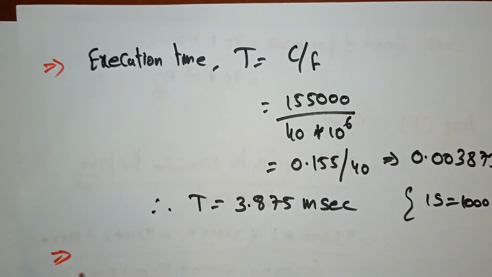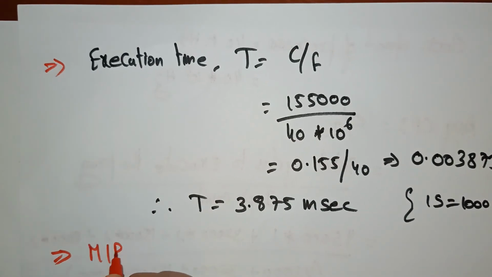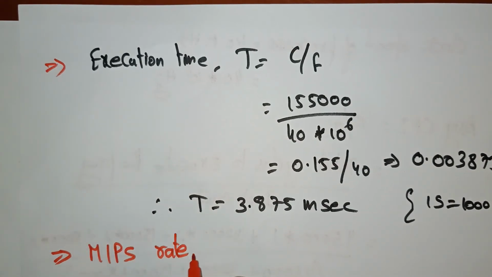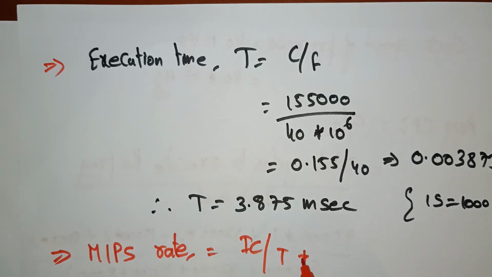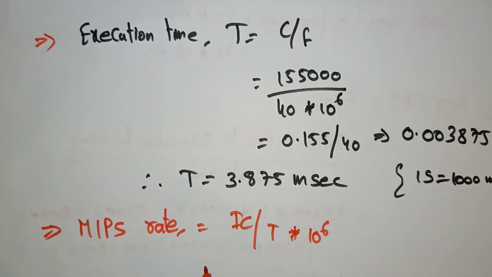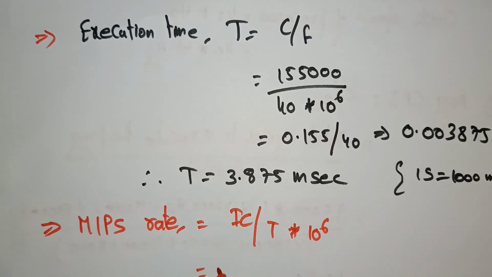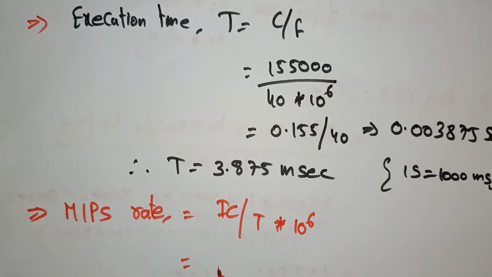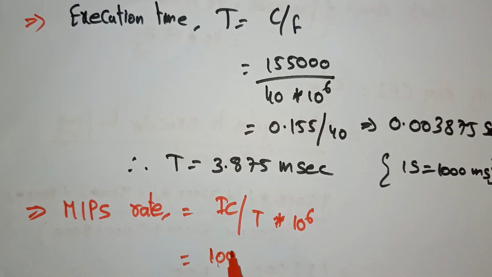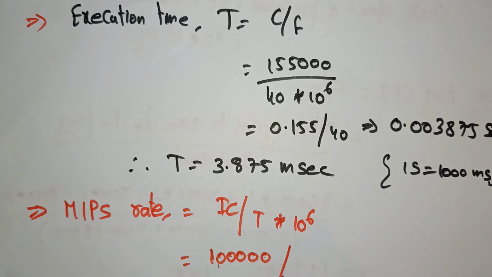I need to calculate the MIPS rate. MIPS rate is equal to IC by T into 10 power 6. IC is the instruction count, the size of my program, which is 1 lakh, divided by T into 10 power 6.